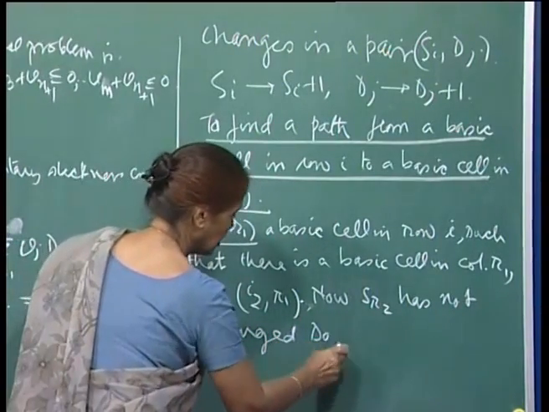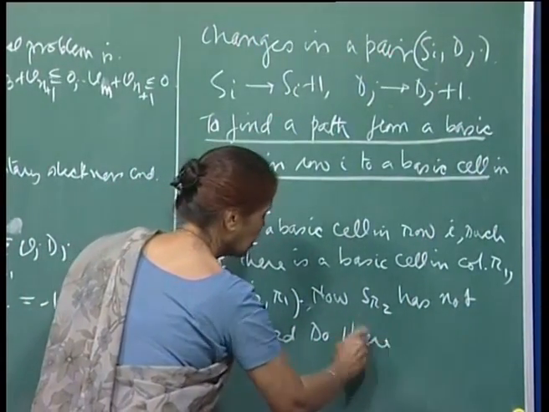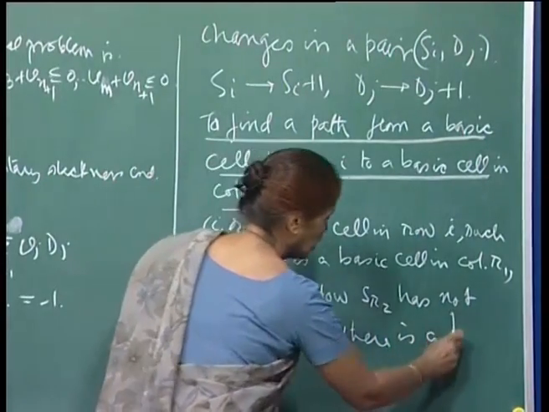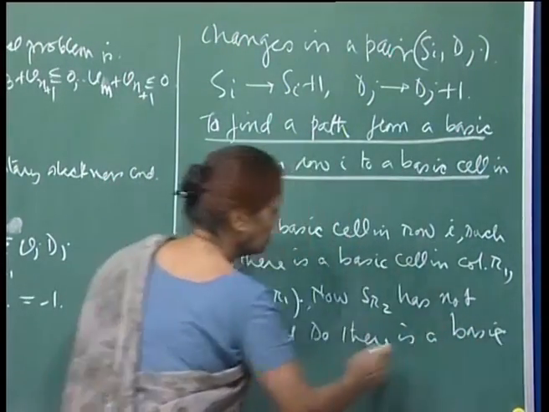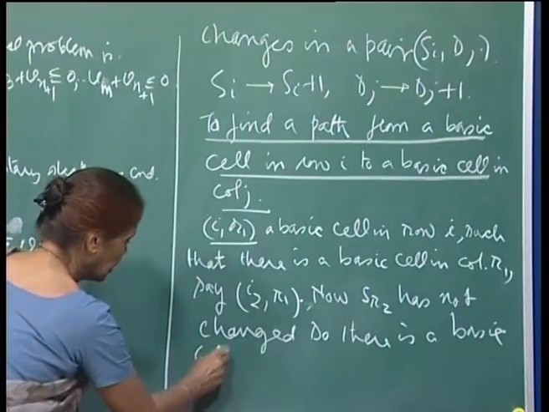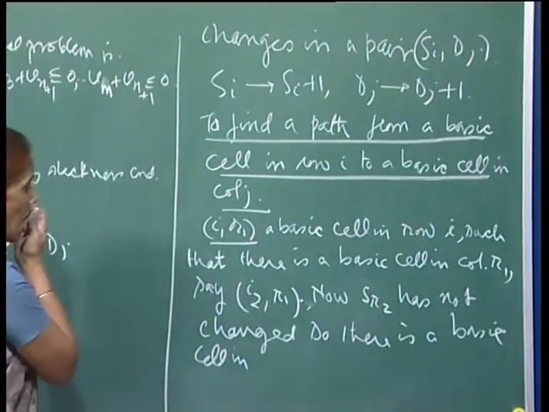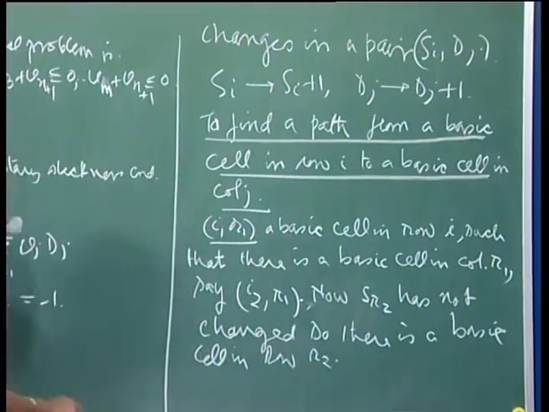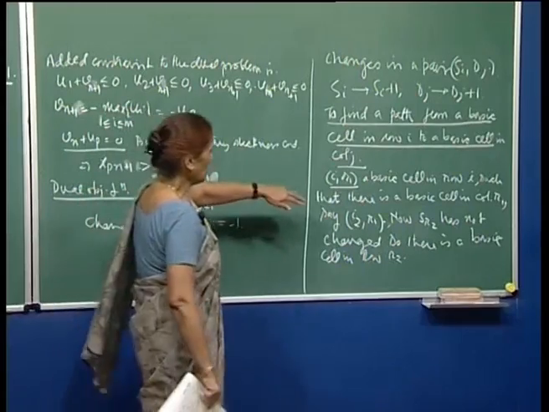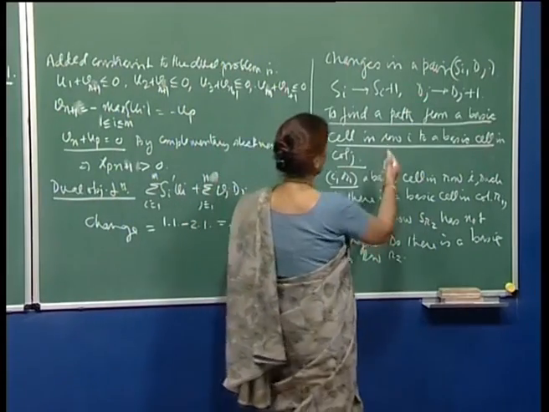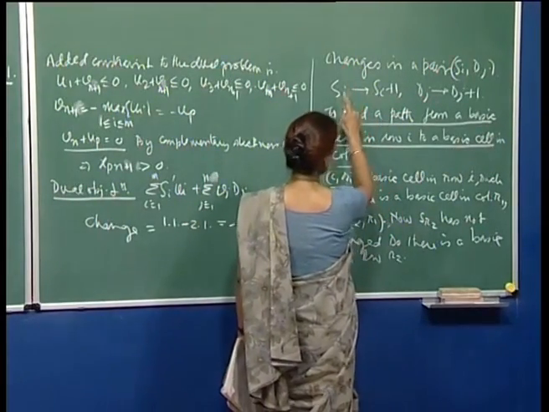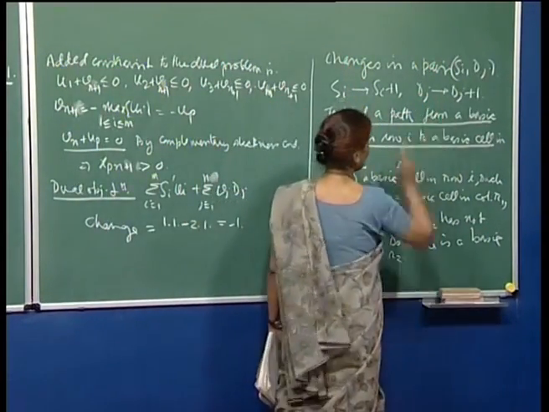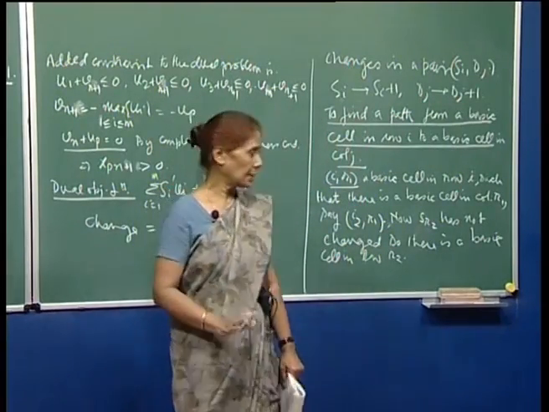So, there is a basic column, a basic cell in row R2. So, the idea is that you just keep on moving. To find a path, you have to find a path from a basic cell in row I to a basic cell in column J. This is the whole idea, right.